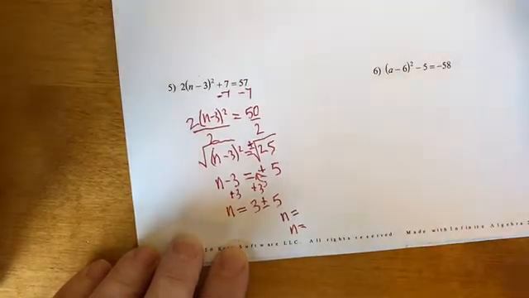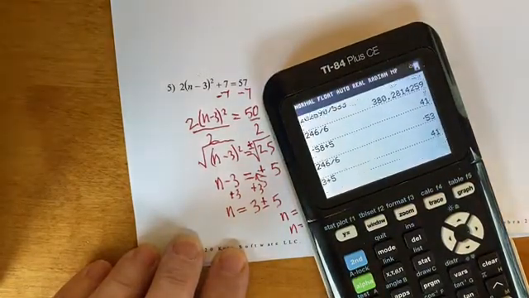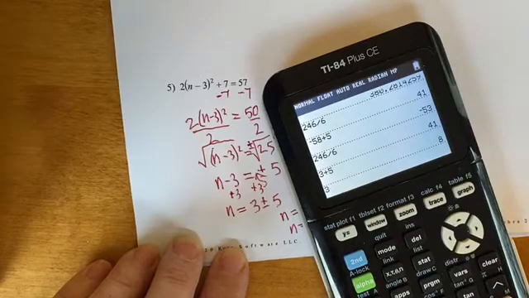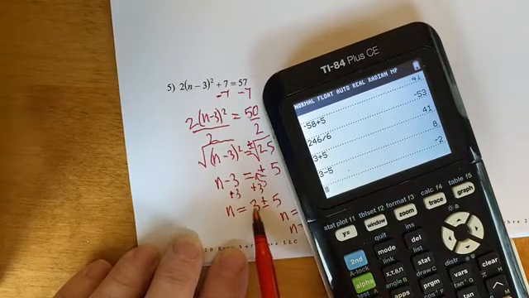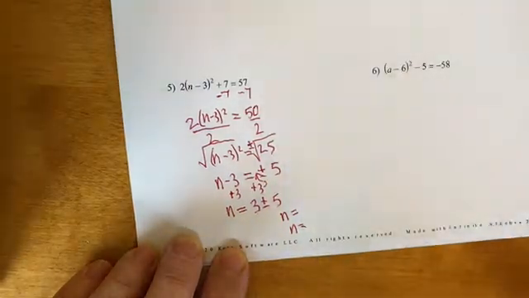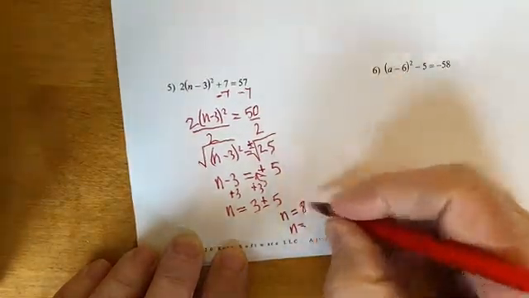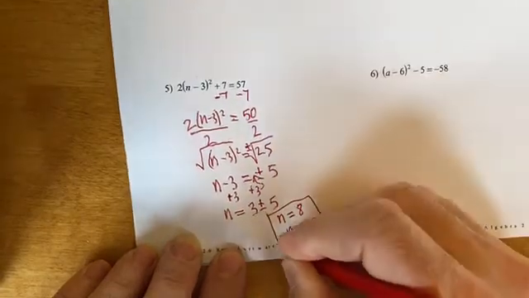The numbers are 3 plus 5 and 3 minus 5, because the plus or minus gives you 2 different things. 3 plus 5, 3 minus 5. So 8 and negative 2. Those are the answers.